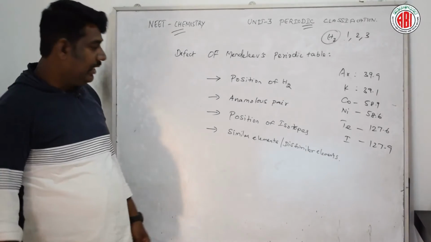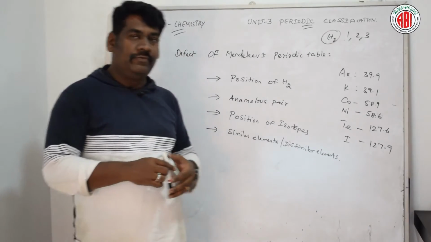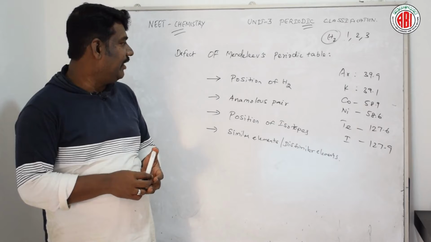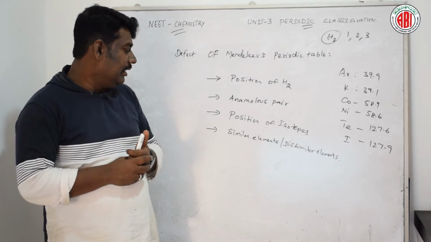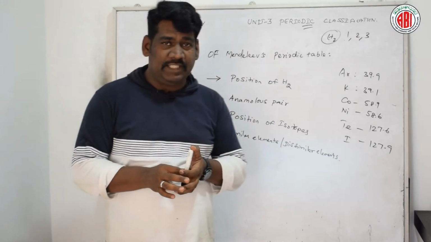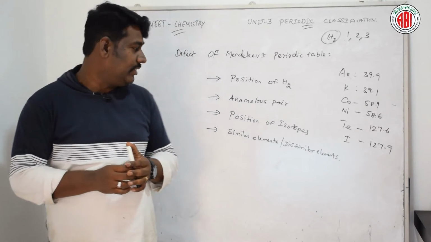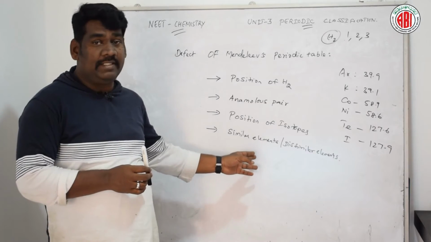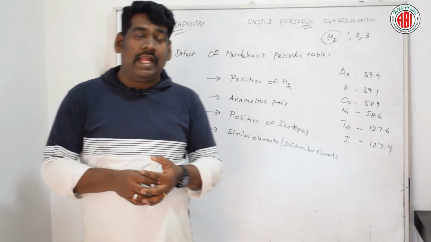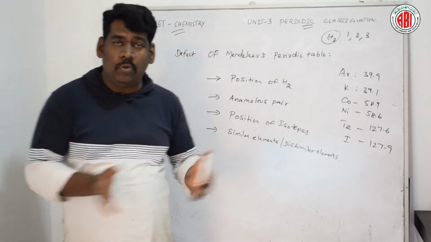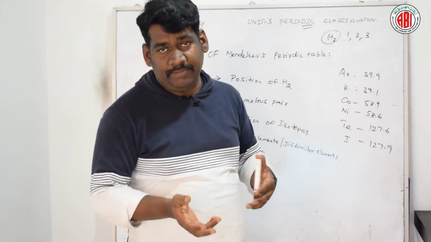Okay, so now let us see the fourth important point of the defects of the Mendeleev periodic table. According to this, there are some elements with similar characteristic features that are separated apart, and dissimilar elements that are grouped together.